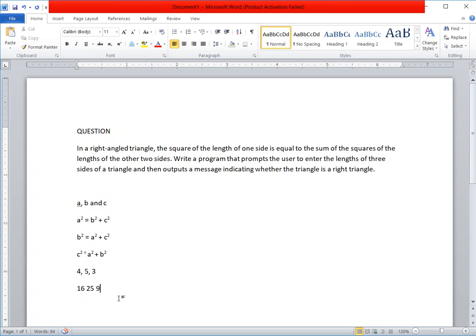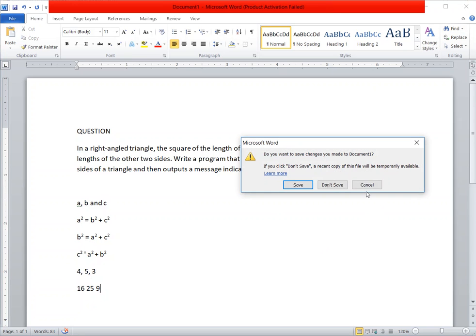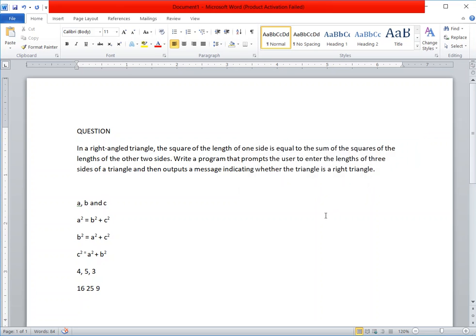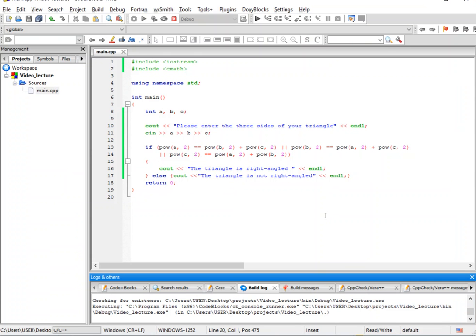Yes. So let's see. This is A, this is B, this is C. So 16 is definitely not equal to 25 plus 9. But let's see, 25, is it equal to 16 plus 9? Yes, we get it. So it means for our checks here, the triangle is a right angled triangle.